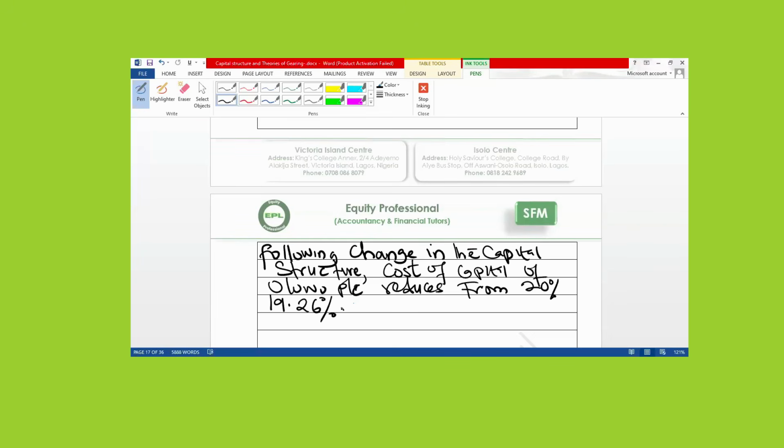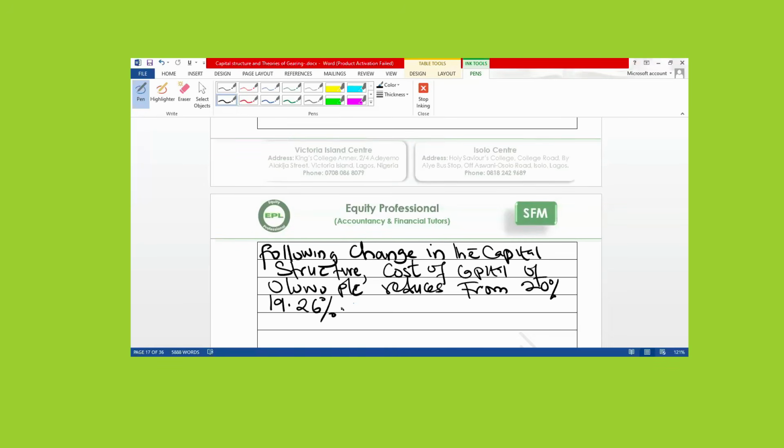The tax benefits will be used to reduce your overall cost of capital. This is the argument of Modigliani and Miller, where there is taxation.